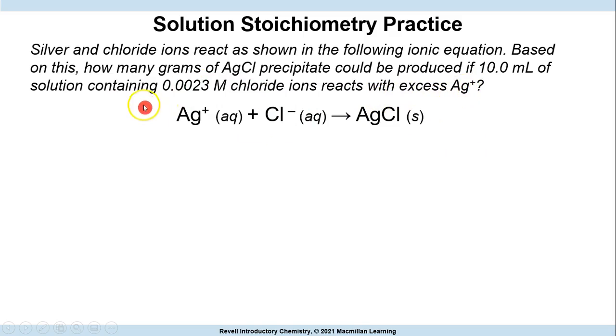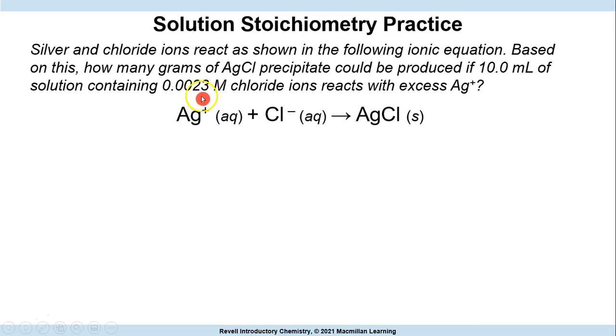So here we've been given 10.0 milliliters of solution containing 0.0023 molar chloride ions. So we are going to use the chloride ions to get back to silver chloride. We are going to use the volume and the concentration to calculate the number of moles of the chloride ions.